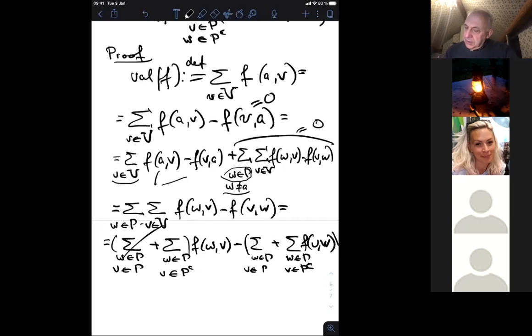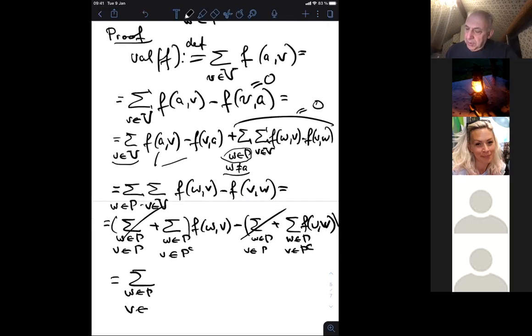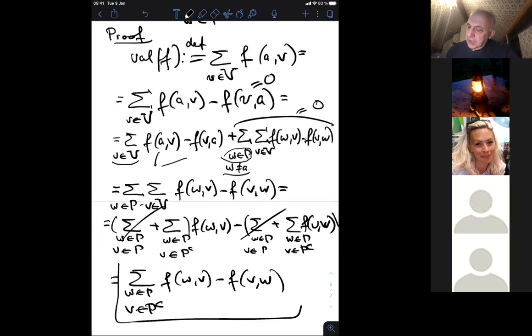So these two cancel, and what is left is the summation over W in P and V in P complement of f of WV minus the other way around, f of VW. And that's exactly the formula which we wanted to show from the beginning.